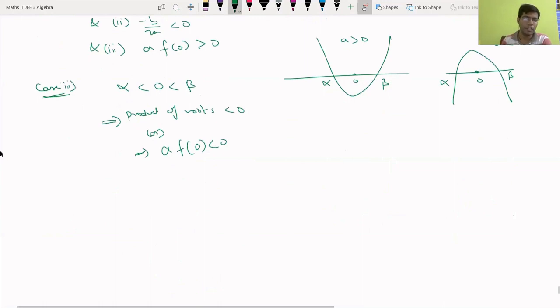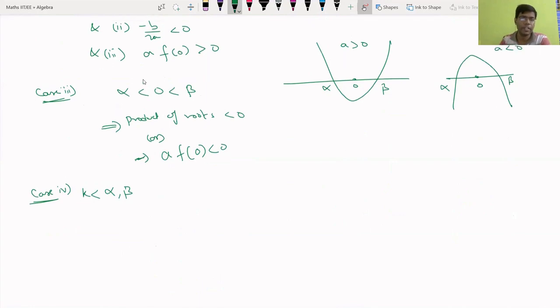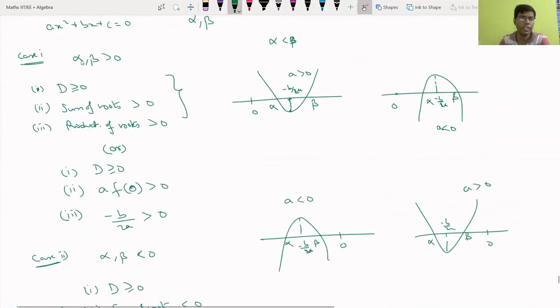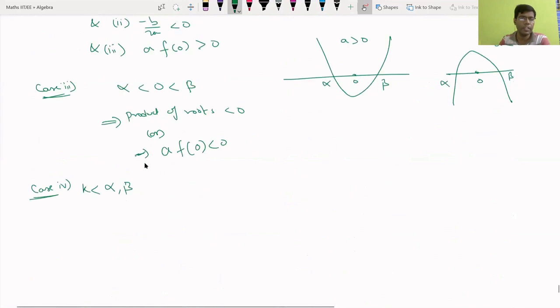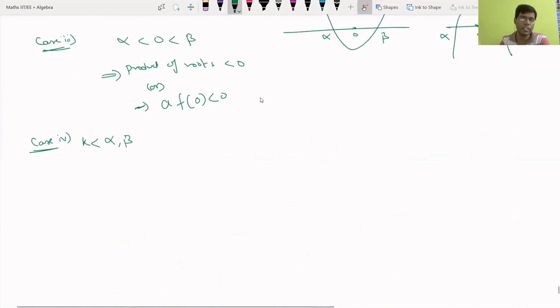So now let's take the next case, that is alpha, beta, both are greater than a constant k. We have both the roots, which is the first case we had seen, both the roots are greater than 0. Now we are saying both the roots are greater than a constant k. So again, it will be similar case.